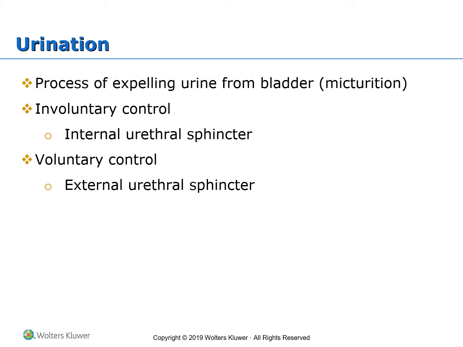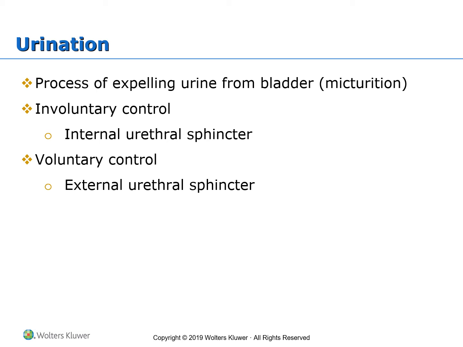Near the bladder's outlet, there is an involuntary or internal urethral sphincter, and that's made out by a modification in the structure of the bladder smooth muscle. Below this muscle, there is a voluntary or external urethral sphincter, and this is made out by the muscles of the pelvic floor, and this is totally under a voluntary control.